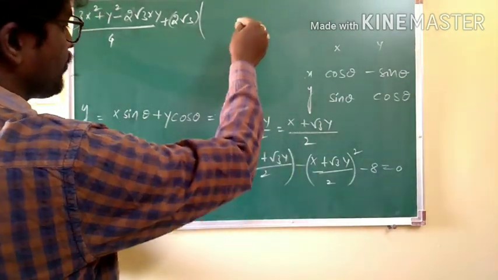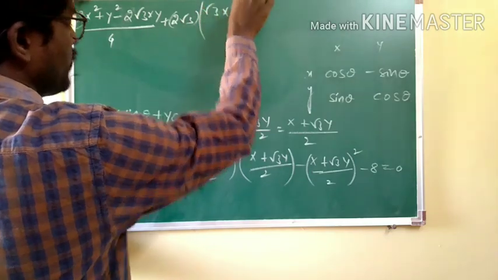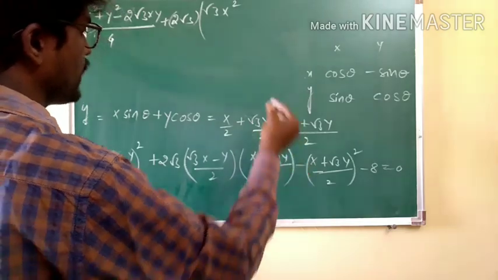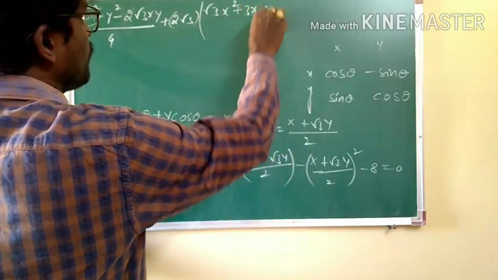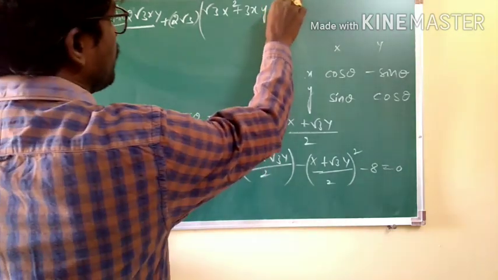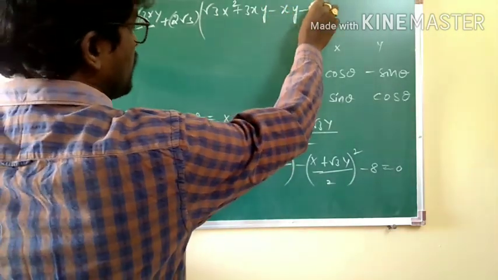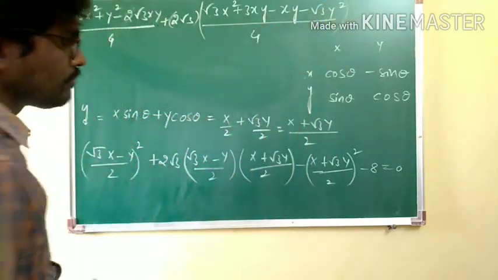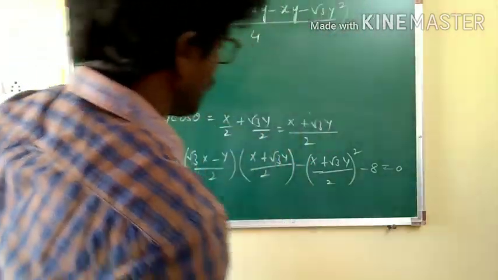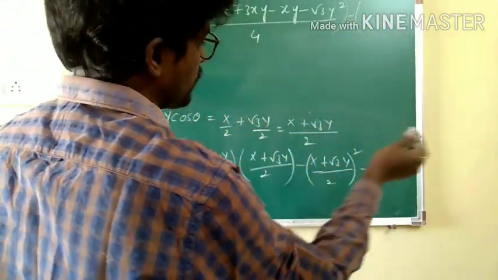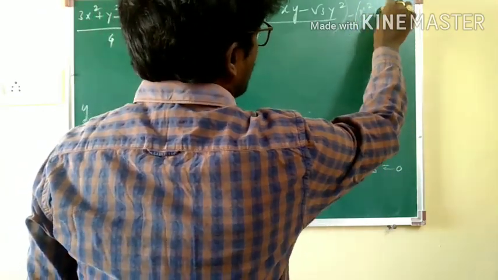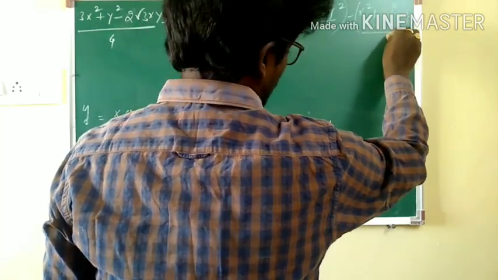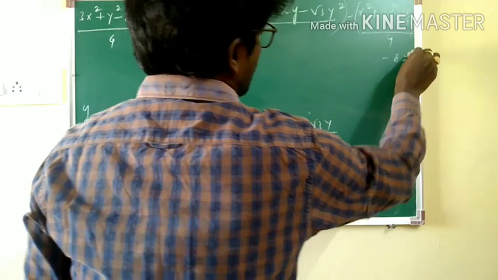Root 3x into x, root 3x square, plus root 3x into root 3y, you will be getting 3xy, and minus xy, minus root 3y square, by 4. And next, what you are going to get? Minus of (x plus root 3y) whole square, that is x square plus 3y square plus 2 root 3 xy, by 4, minus 8 is equal to 0.